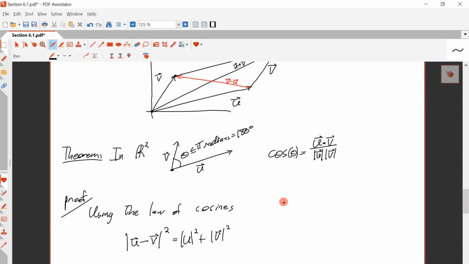Let me draw that picture over again. All right, here's u, here's v, and then here's u minus v, and here's the theta.